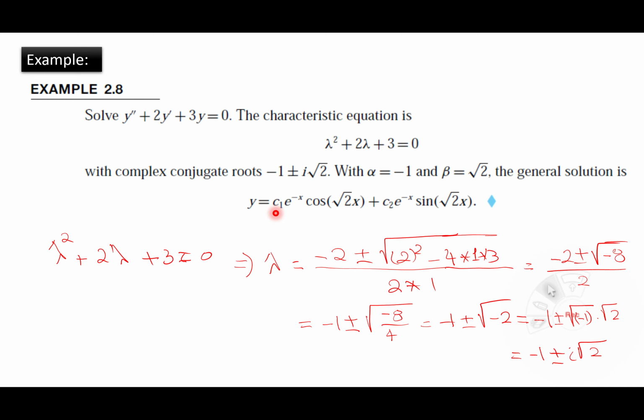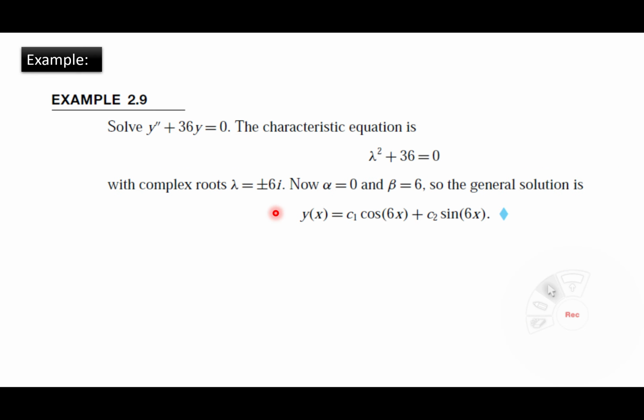Let's have another example, and then we're going to wrap up this part. Solve the equation y double prime plus 36y equals 0. The characteristic equation, reading from here, 36 is going to be our b.